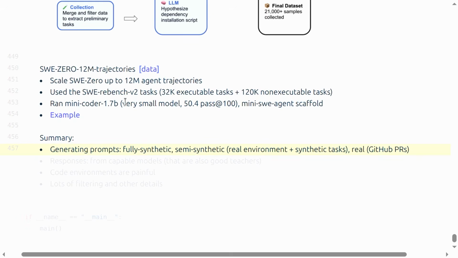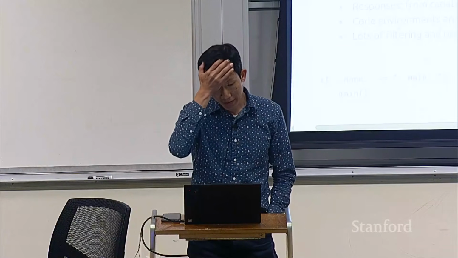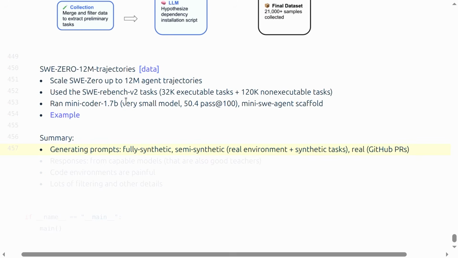As you can see, the datasets are getting more and more sophisticated. You go from environment-free things like math to coding, and the coding datasets are growing quite a bit. The general idea is that you have these prompts, and there are trade-offs.